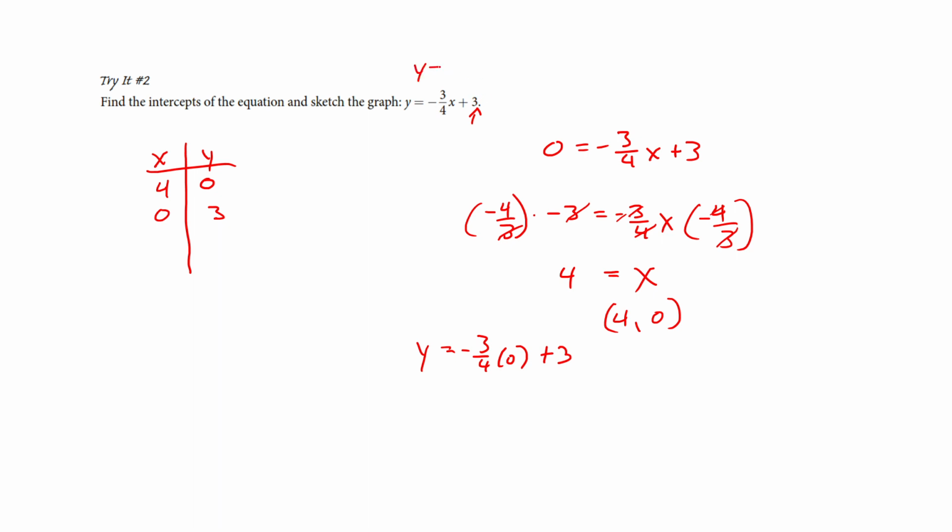So if you have this in the mx plus b form, you could have already known that that is the y-intercept. But just some simple math is going to confirm that. And again, we'll talk about that more probably in the next video. Okay, I've graphed my 2 intercepts, and 2 intercepts is good enough to graph the whole line. And there you go.